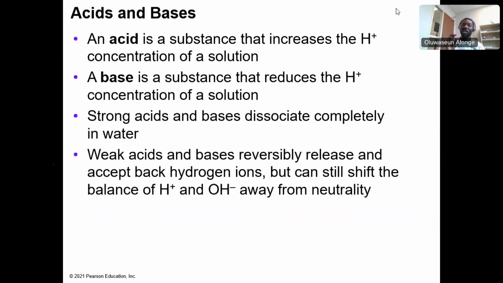What is a base going to do? A base is going to increase OH minus or reduce H plus. So take note, it can be two ways. An acid increases H plus and reduces OH minus. A base reduces H plus and increases OH minus.